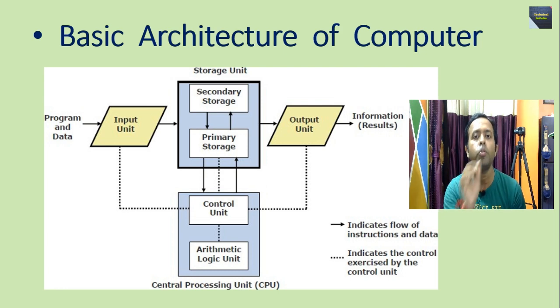Should remember, no processing is done within the primary storage. Only the data related to the process is stored there, and for future purpose any data is stored in the secondary storage. And the output unit will show, display or print the information or result as the output. This is the basic architecture of a computer, where all 5 components are there for any computer.